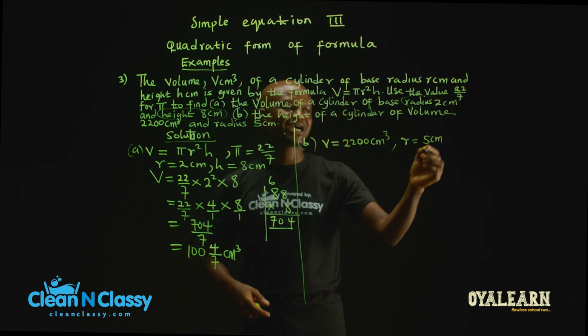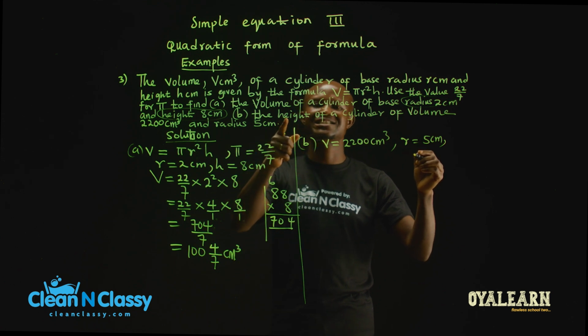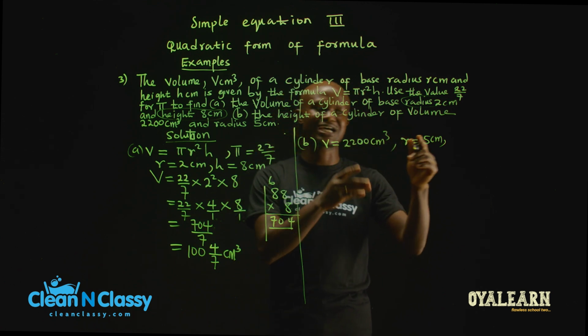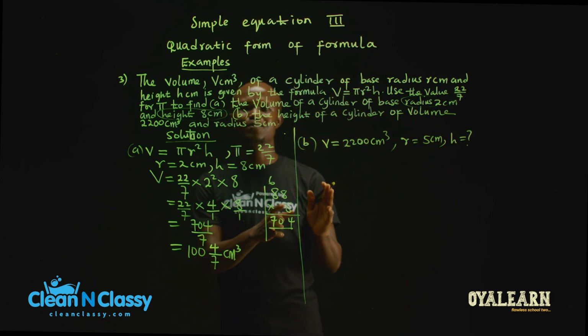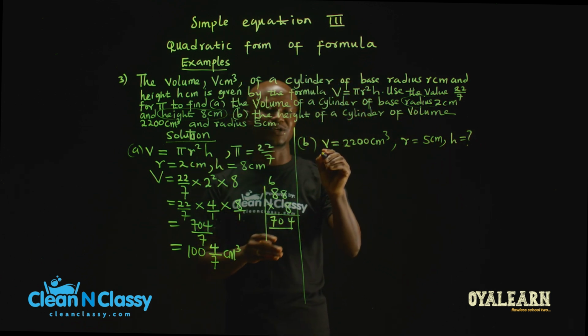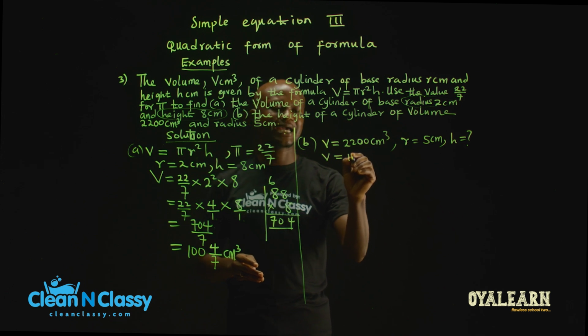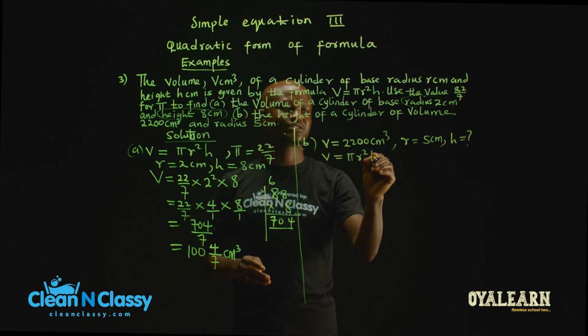Now, what are we asked to find? We're asked to find the height, denoted as h. So we write out the formula. That's the first thing. V equals pi r squared h.